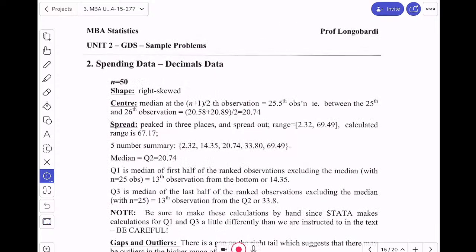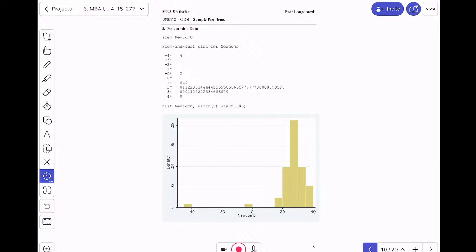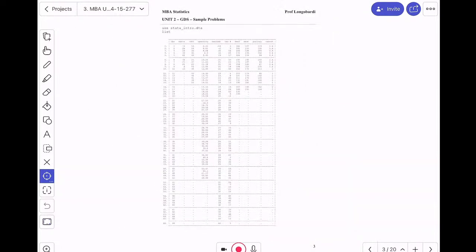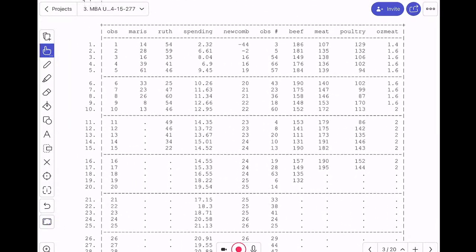So this is the data set here. Here are the data for the different problems. And we've taken care of this one, and that leaves Newcomb's and this discussion about the meets.